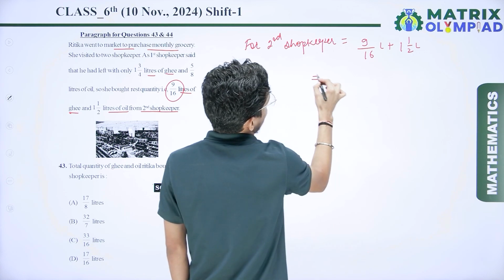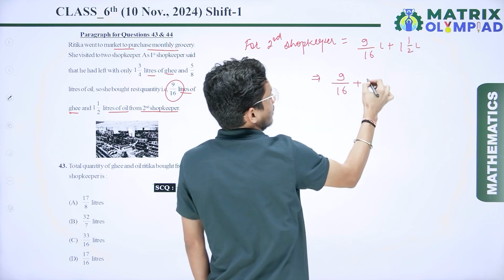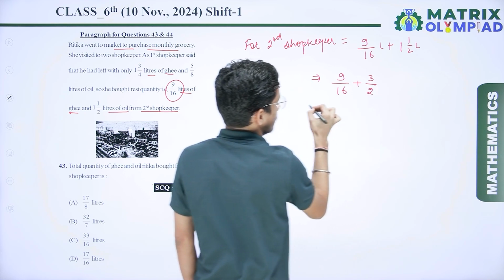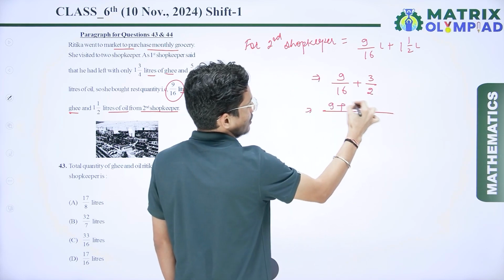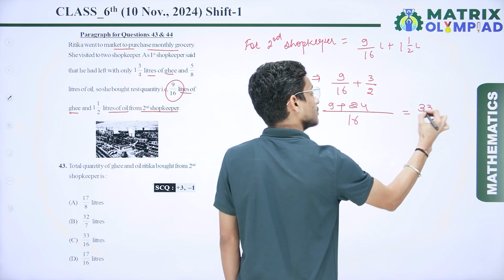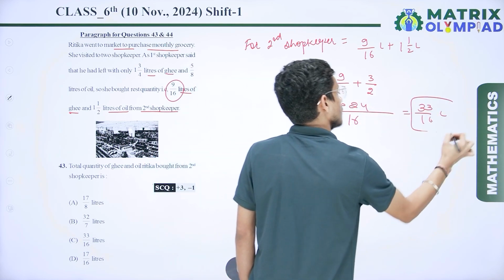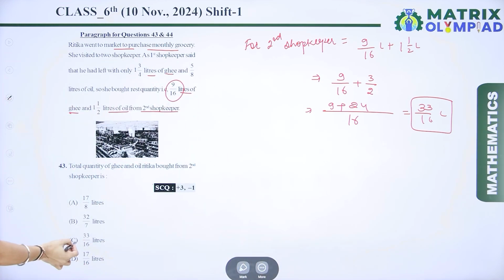So simple, if I simplify here, I can write 9/16 plus 3/2. If I take LCM, that is 16, here I can write 9 plus 8 3s are 24. If I add this one, here I get 33/16 liter. So 33/16 liter, that is the total quantity. So here option number C is the correct answer.